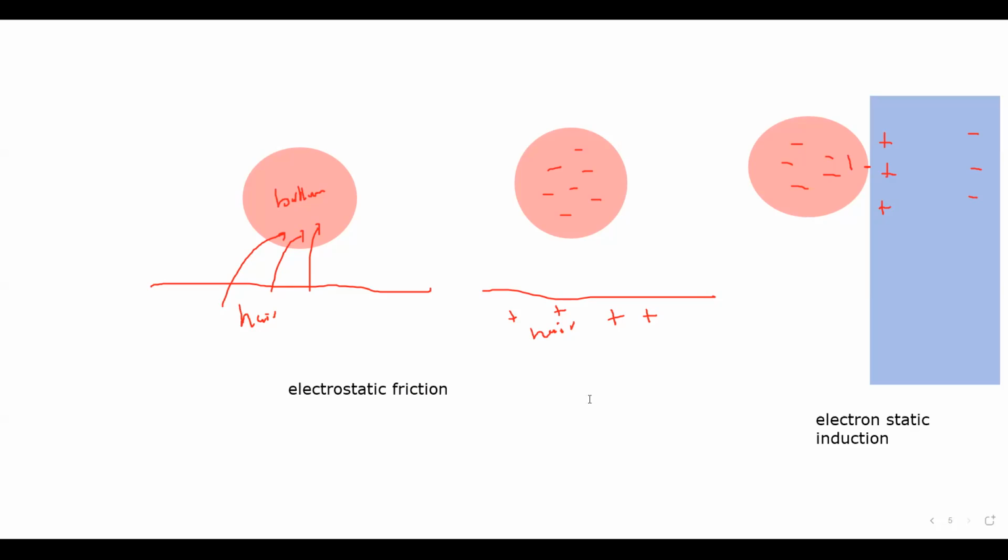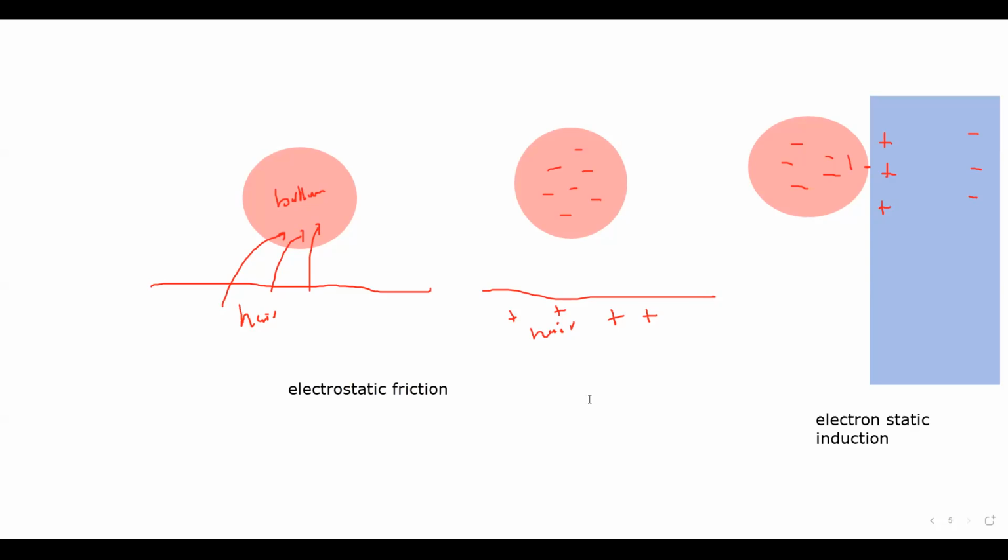You may also experience this when you're combing your hair, if you have long hair. After some time, the hairs are attracted towards the comb. Why does it happen like this? Because most combs are made of plastic, so there's friction between the comb and the hair, and that friction causes electrons to transfer from one material to another.